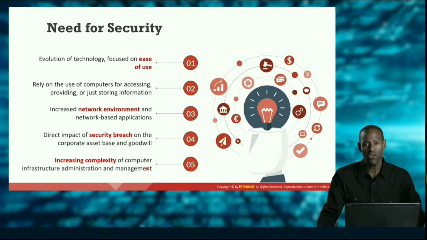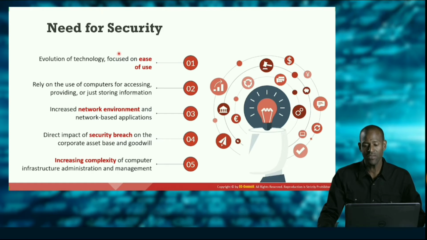So the need for security is great. It's a huge need for security. One of the reasons is the evolution of technology. We are evolving technology so quickly that we have let security get away from us in some cases. And that technology is not focused on security.